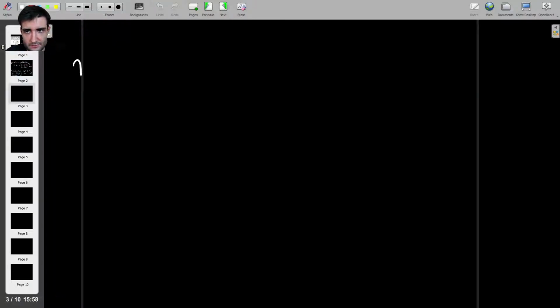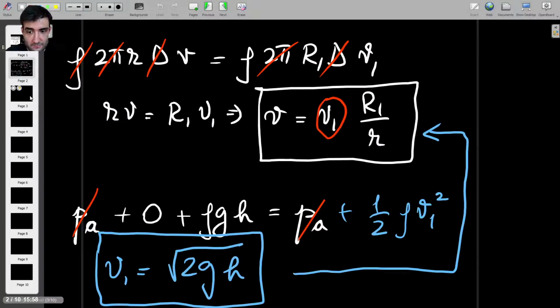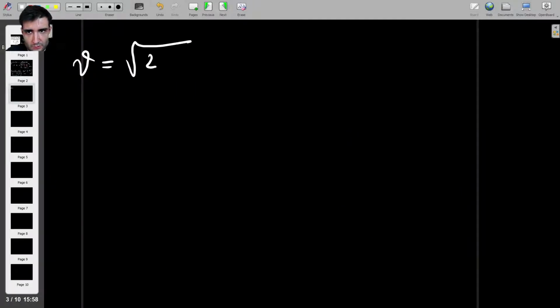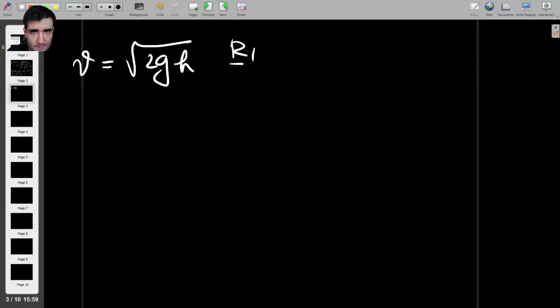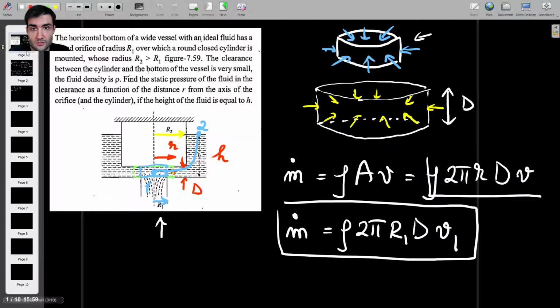So we have that v equals v1, which is square root of 2gh, multiplied by r1 divided by lowercase r. The only thing left to do now is to answer the question that the problem is asking us, which is finding the static pressure at that point here, the distance r away from the axis of symmetry.